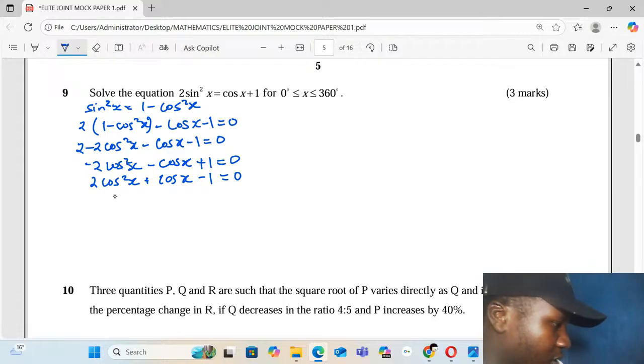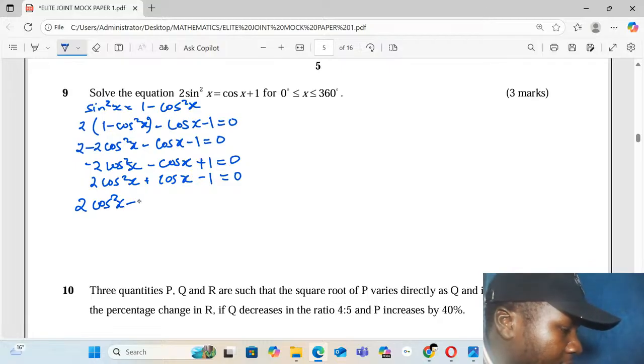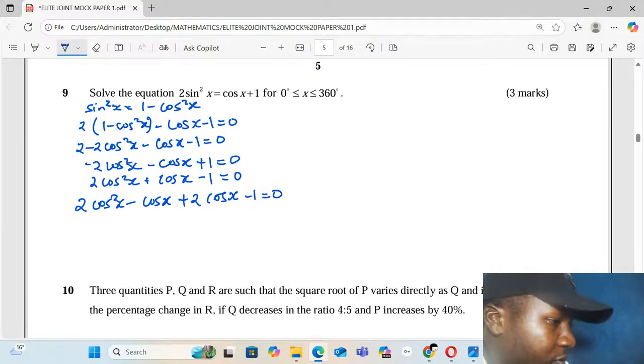Then we continue, we can still do something on that, so that we have 2 cos squared x minus cos x, then plus 2 cos x minus 1 is equal to 0.